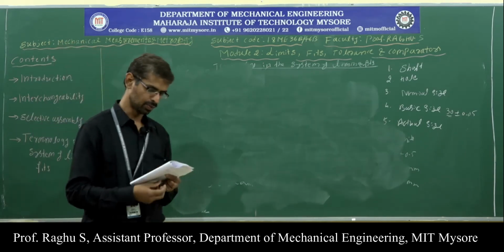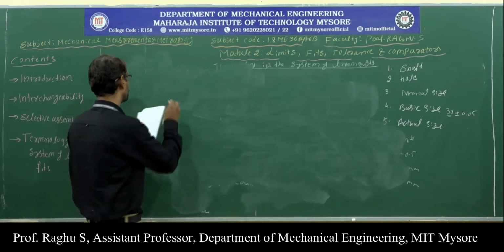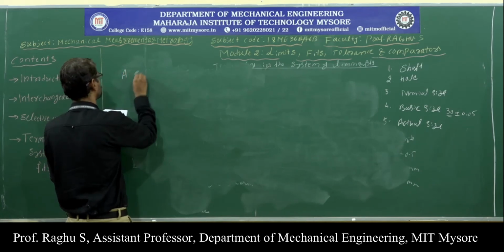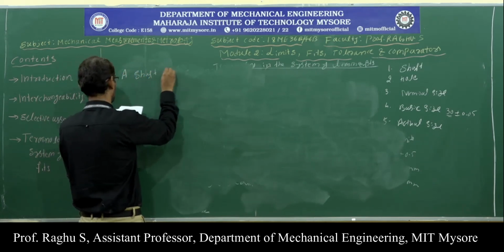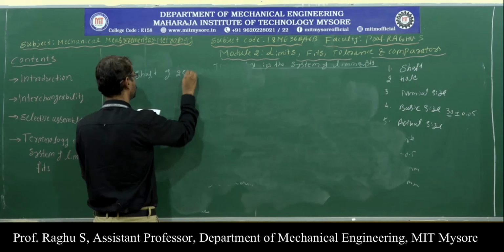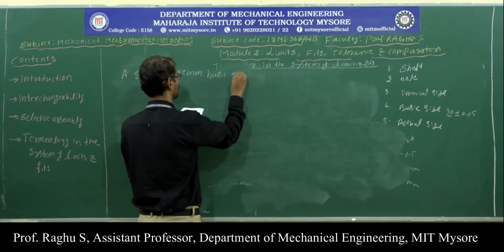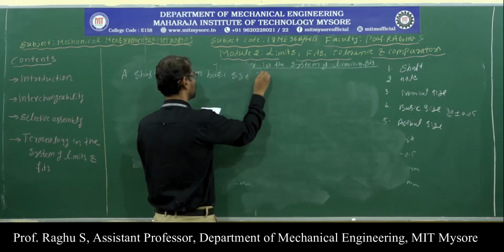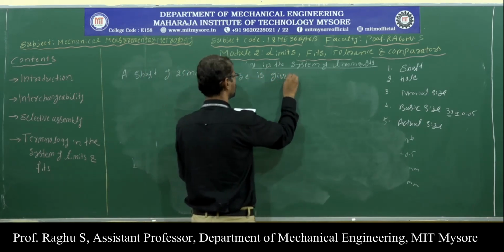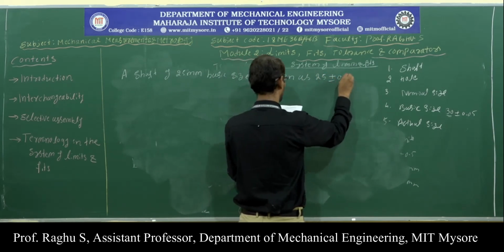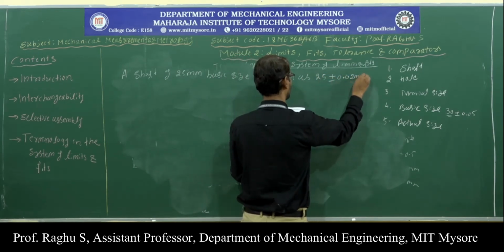Now let us consider one simple example. A shaft of 25 mm basic size is given as 25 plus or minus 0.02 mm.